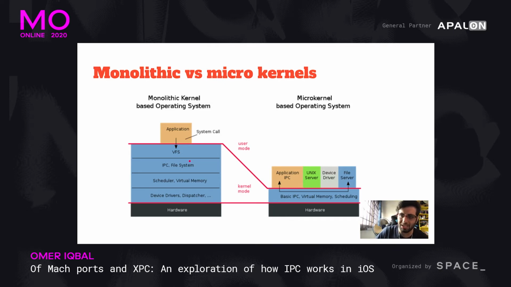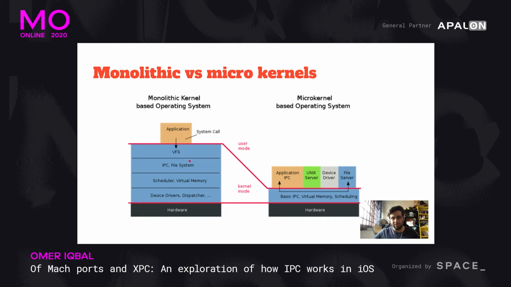All these are running as separate processes, and then we have a good IPC mechanism that talks to these different processes, kind of like microservice architecture, if you guys are familiar with that in the server space. Each of these are small services, and our applications can talk to these services, and all the kernel is doing is just providing that IPC mechanism, doing some virtual memory, some scheduling, but it's very bare bones. It doesn't do as many things.